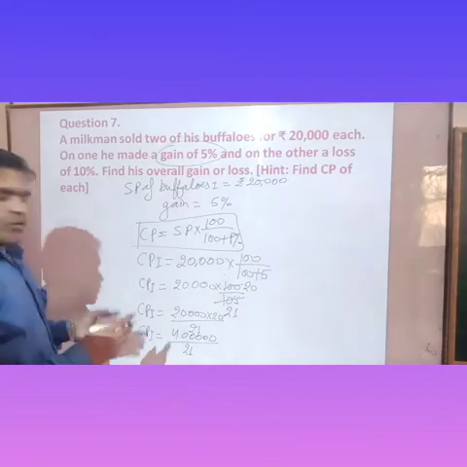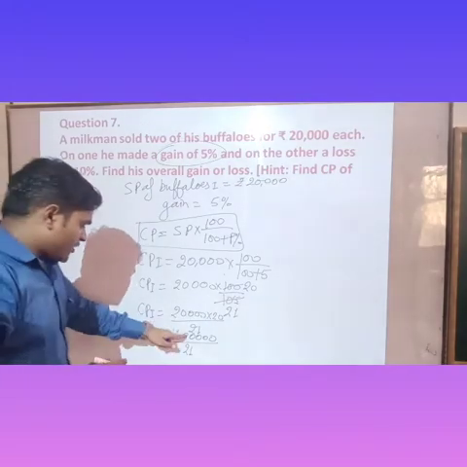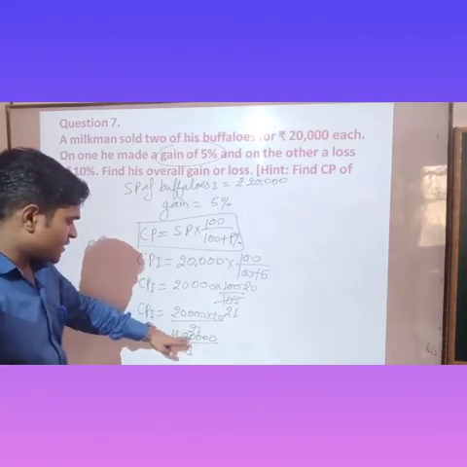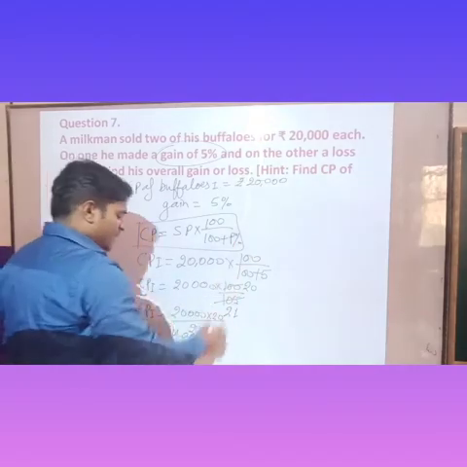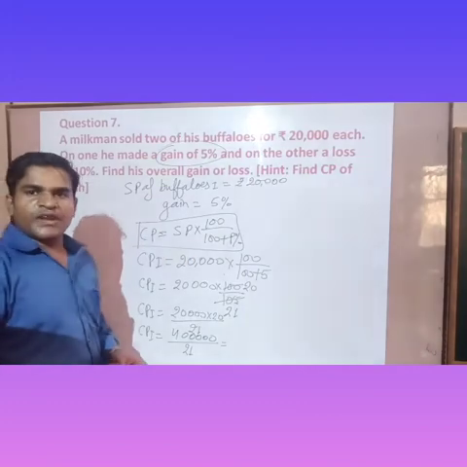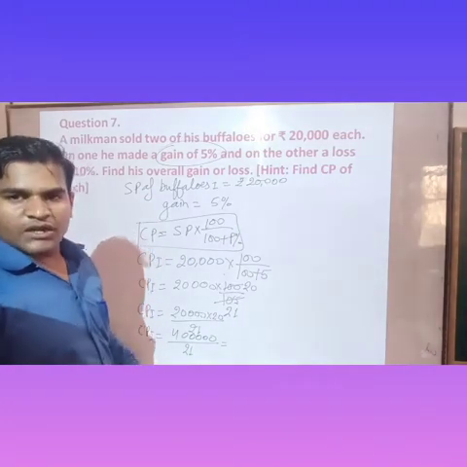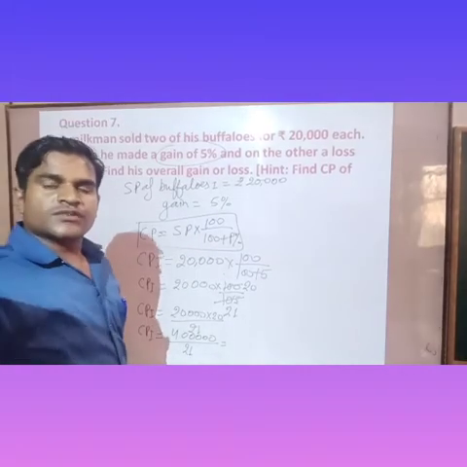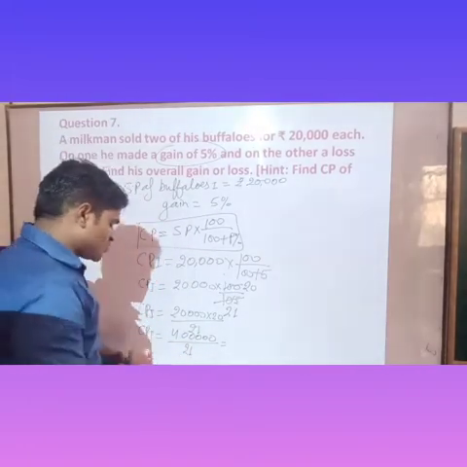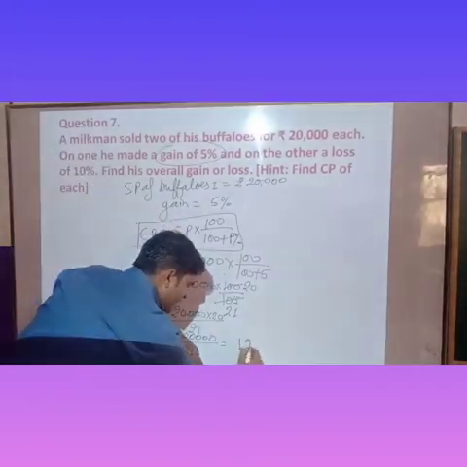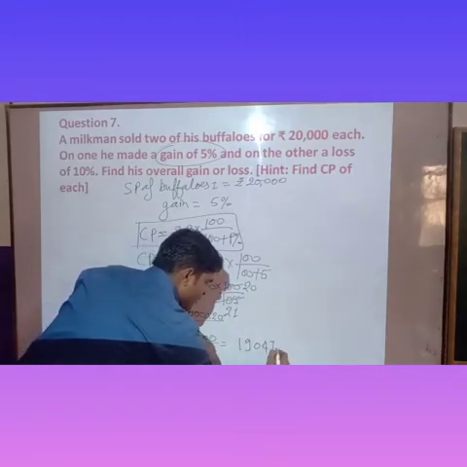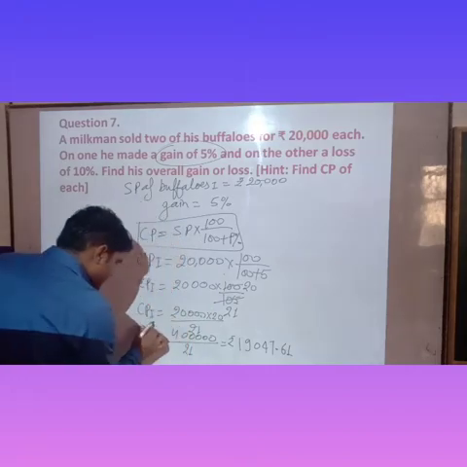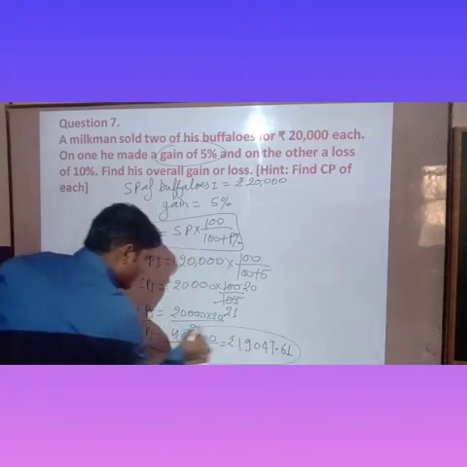Now we divide this 4 lakh by 21. When we divide it, we get 19,047 rupees and 61 paise. This is the CP of one buffalo.